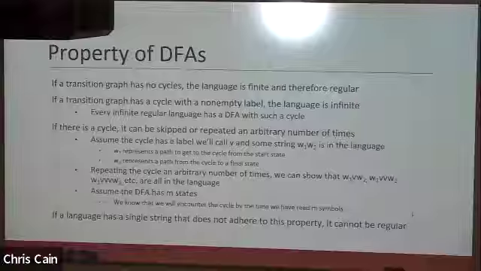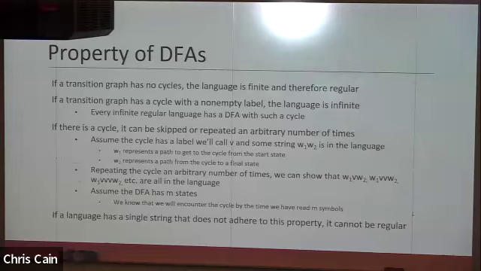If we utilize this cycle some number of times, we create this string. This string cannot possibly be in this language by this language's construction, but it would have to be if such a DFA existed and this language were regular. That is the contradiction we are searching for. And if we find it, we have our evidence that the language is not regular.